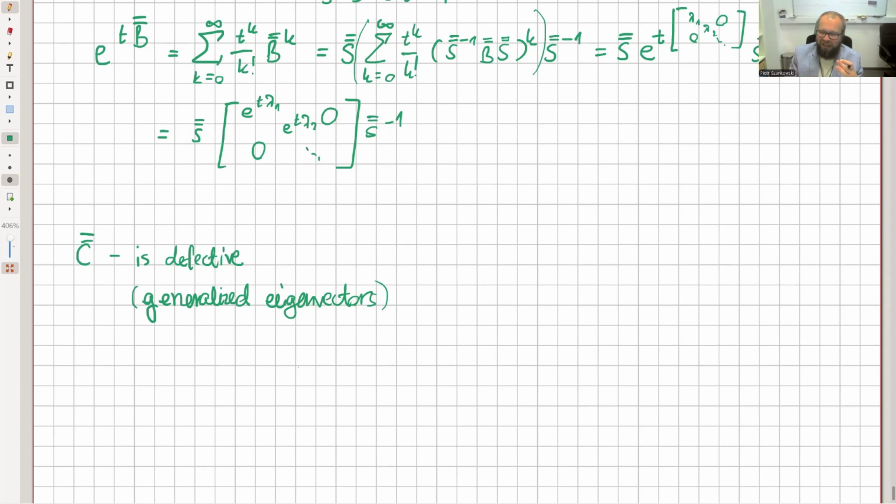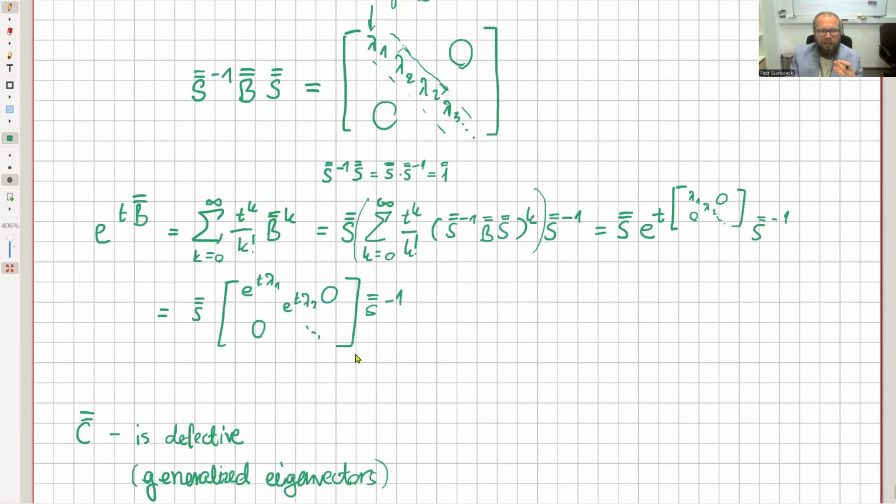And if your motivation is to be able to quite easily calculate functions of your matrix C, or in other words, to construct such a basis in which the matrix of your defective matrix will be as close as possible to this diagonal form, so that you can easily calculate the functions.